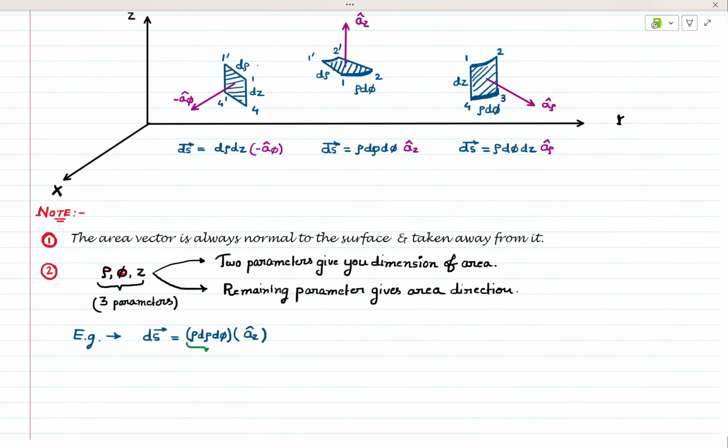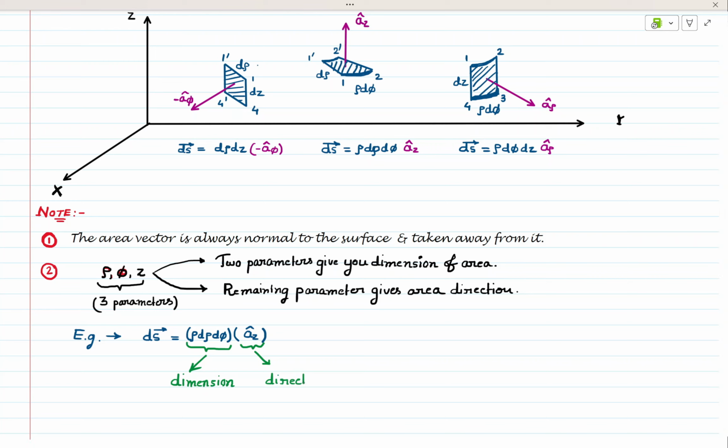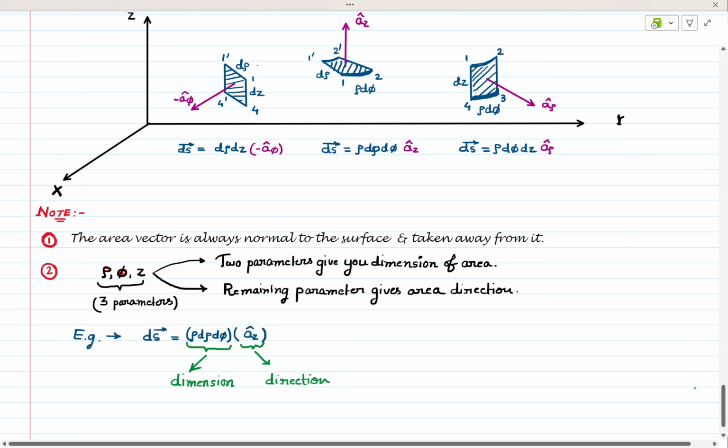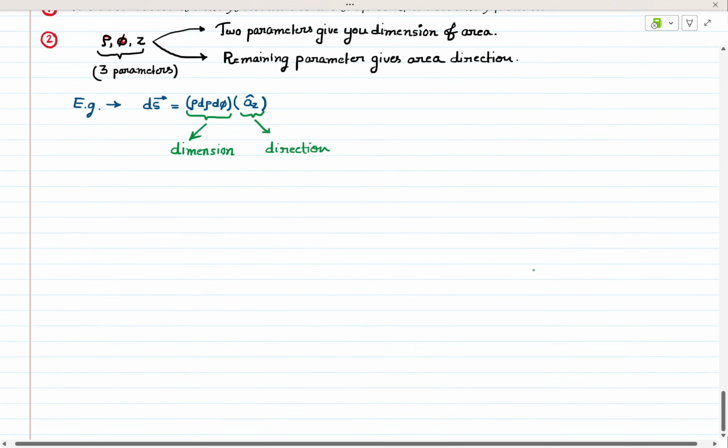Sorry, this is the dimension. And this is the direction. Okay. Dimension, this is the direction.